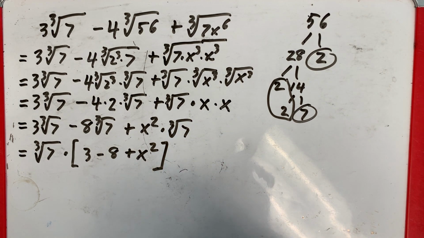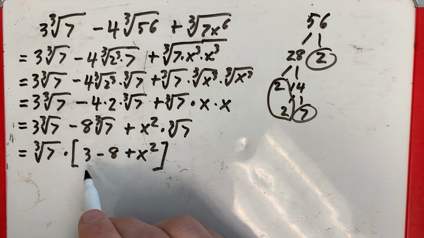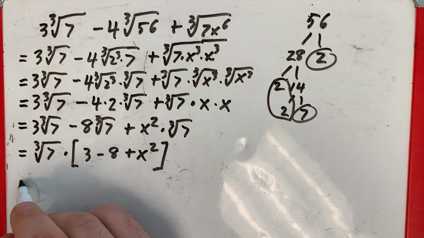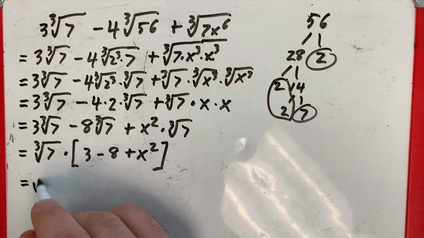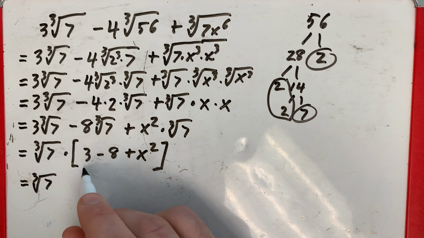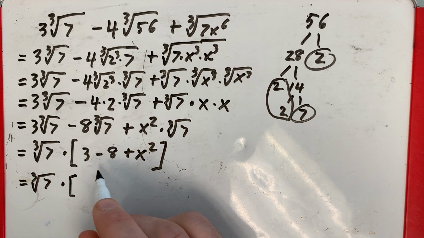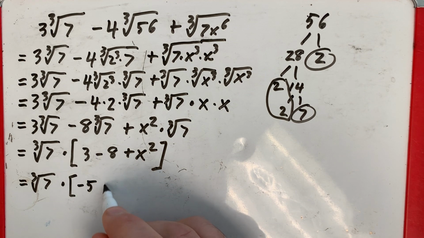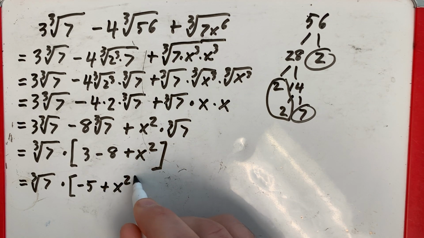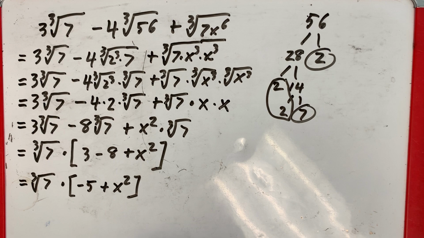So in this case, I just factored it. Okay, factored it out. So what I'm left with here is cube root of 7, okay, times the quantity. Well, 3 minus 8 is minus 5 plus x squared. Okay?